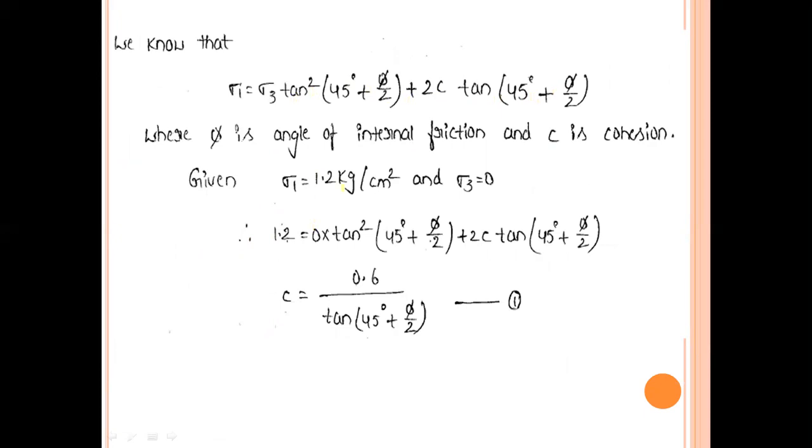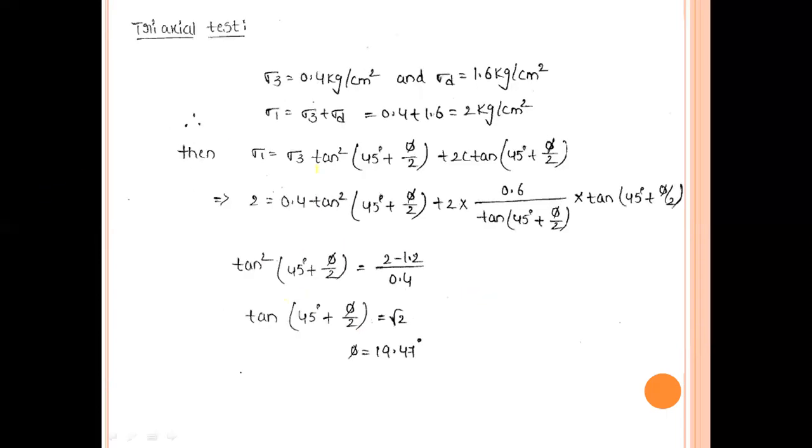Given sigma 1 equal to 1.2 kg per centimeter square and sigma 3 equal to 0. So sigma 1 value is 1.2 and sigma 3 value is 0, so c equals 0.6 divided by tan of 45 degrees plus phi by 2. This is equation 1.